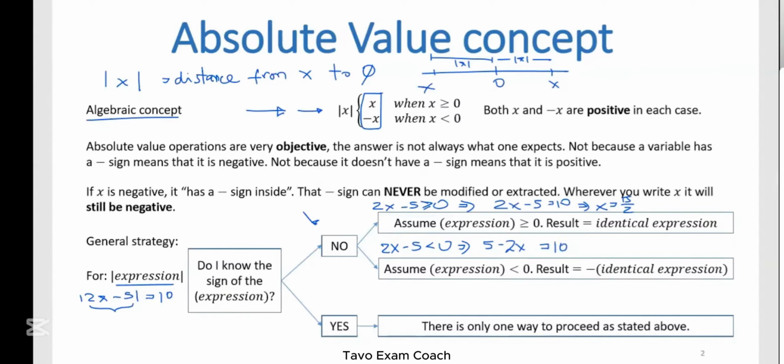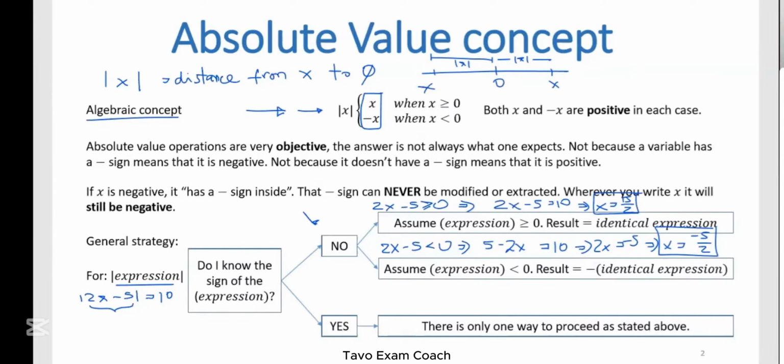So from this, we know that 2x would be negative 5, and x would then be minus 5 over 2. So you have two solutions, right? Since we are considering both scenarios where the expression between the symbols of absolute value is positive or negative.